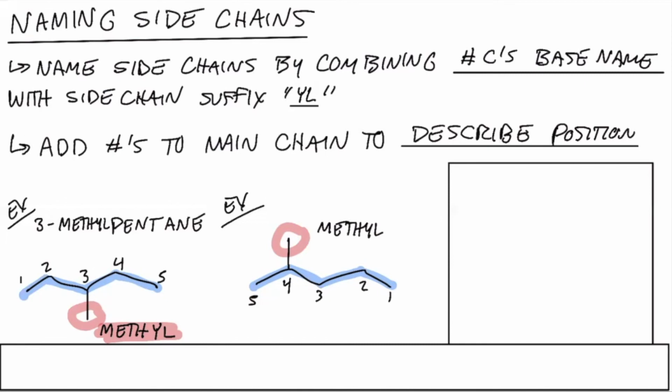So I just arbitrarily numbered it from right to left, but if we numbered it from left to right instead, we could use a number 2 instead of a number 4. And so that's a smaller number. That's what we like to do to make things as simple as possible: always use the smallest numbers possible.